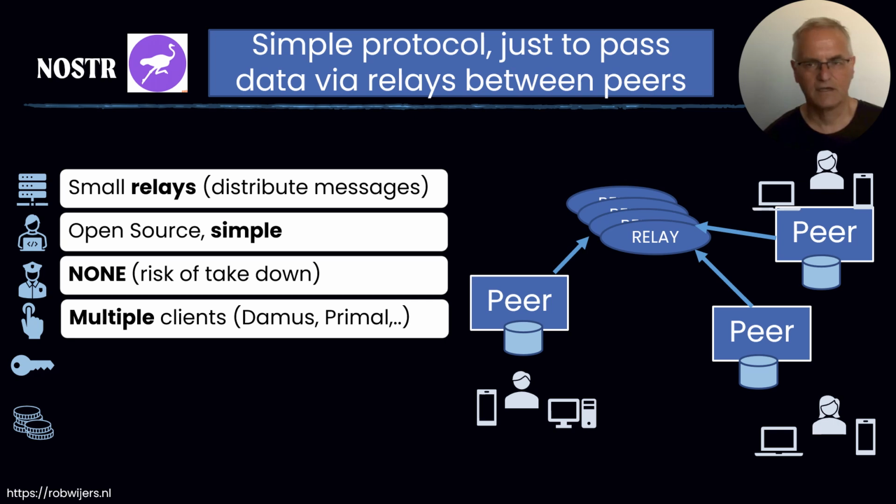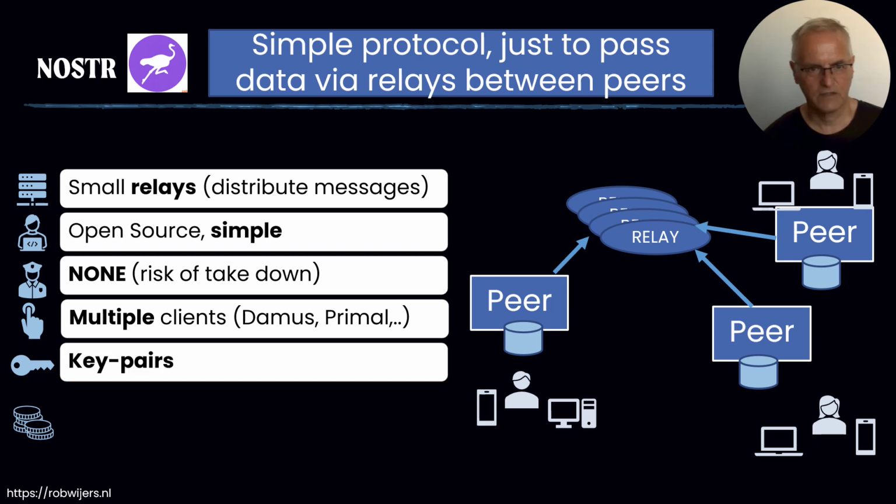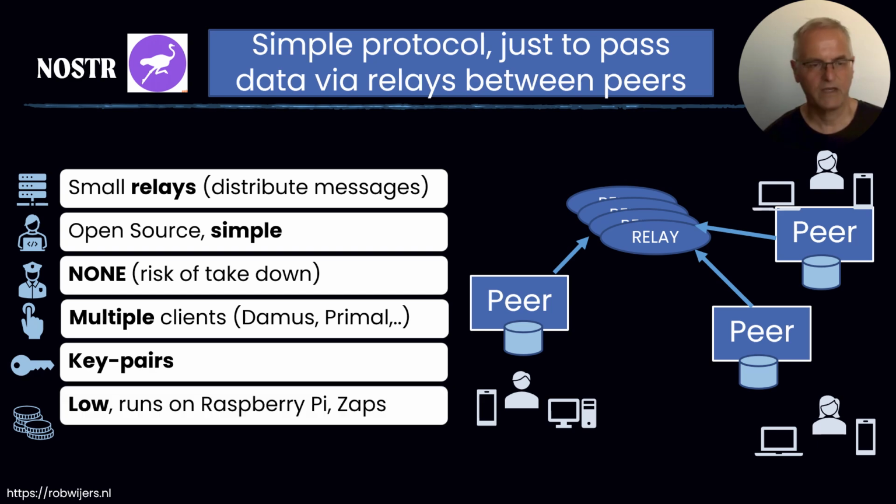Damus is on iOS, and Primal is another for Android. You use key pairs, so with those key pairs you can switch between clients and you get your same data back. And the costs are very low because a relay can be run on a Raspberry Pi. It's quite simple.